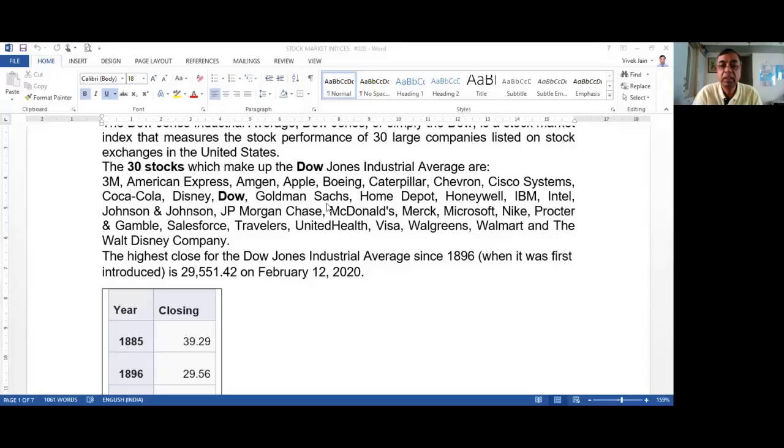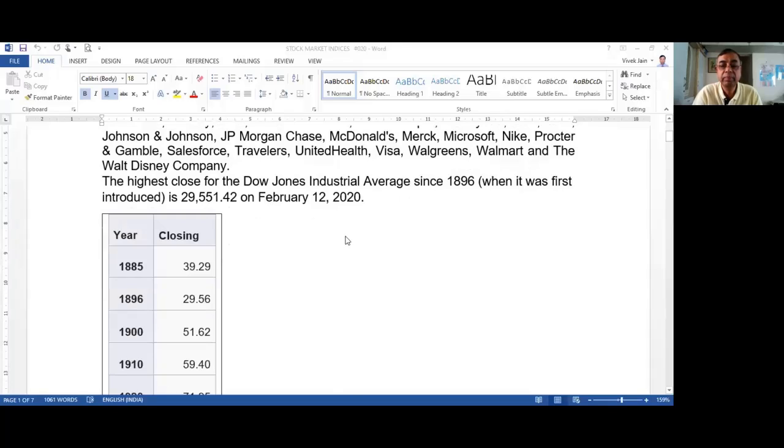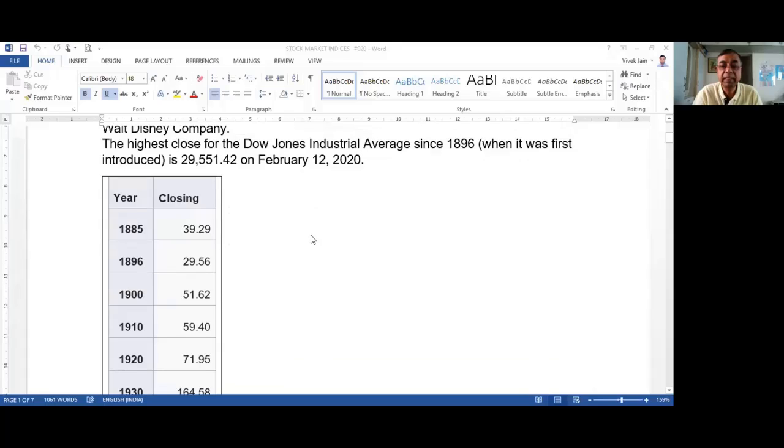These 30 stocks are from various industries and they reflect the status of the entire stock market, which has been seen over the past century or so to be very valid. I have shown here that since 1896, when the Dow Jones Industrial Average was prepared and introduced as a 30-stock benchmark, and way back in 1885 they had calculated the value to be 39.